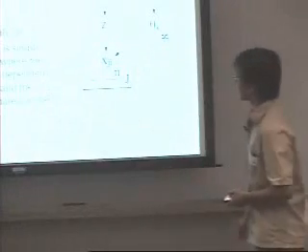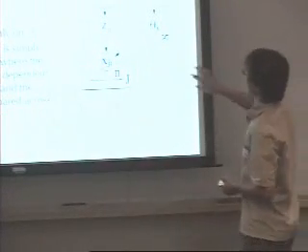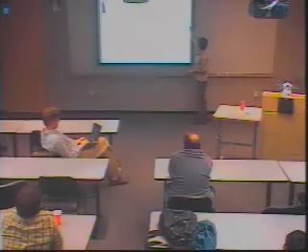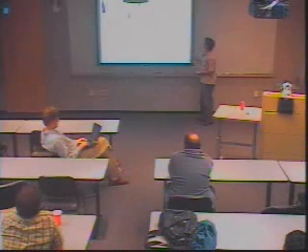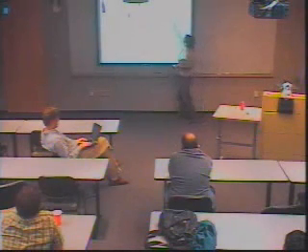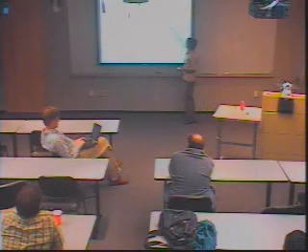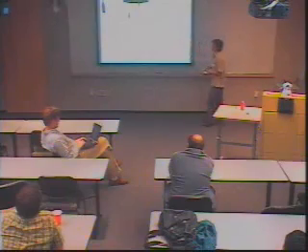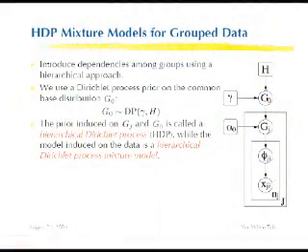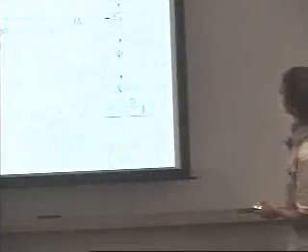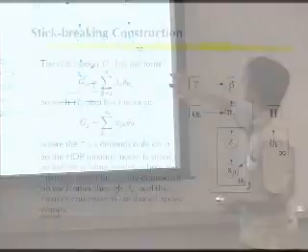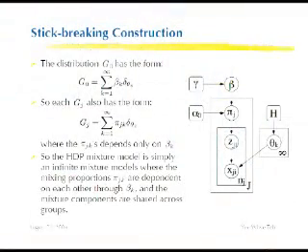As a matter of fact, what you could show is that the theta k's are IID samples from H. The beta here is going to be constructed from a stick breaking construction, and the pi j's are going to be some sort of distribution which depend on beta, and the dependency looks exactly like this. So you can see the similarity between this model and this model. So this is G0 and this is Gj.